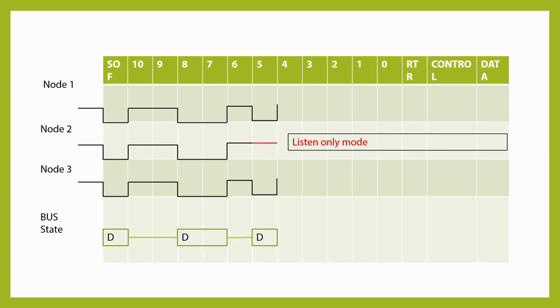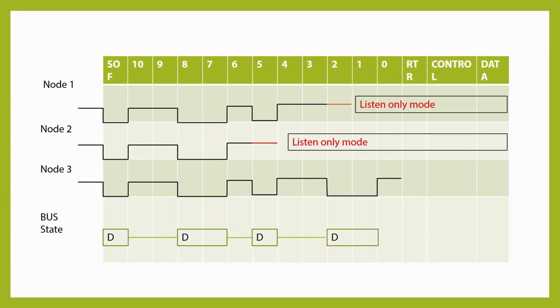Now moving forward, the fourth and the third bits are logic 1, so the bus is in recessive state. Nobody knows who has won the bus. Next, at bit 2, node 1 went to logic 1 and node 3 went to logic 0.